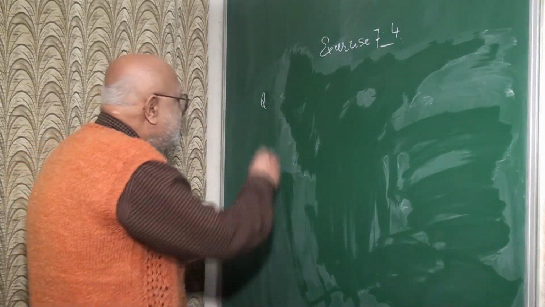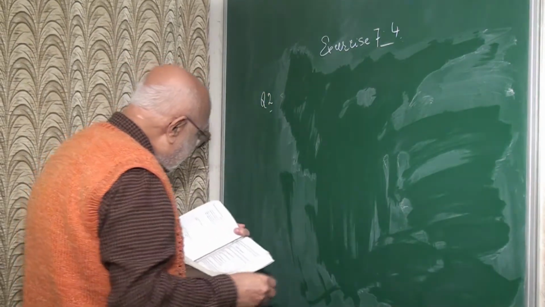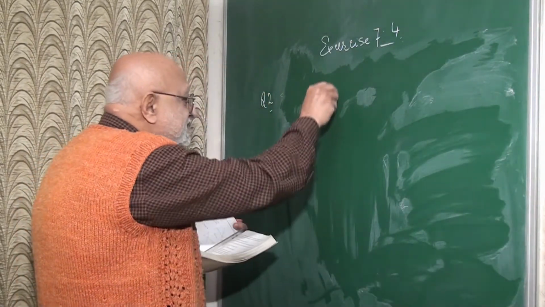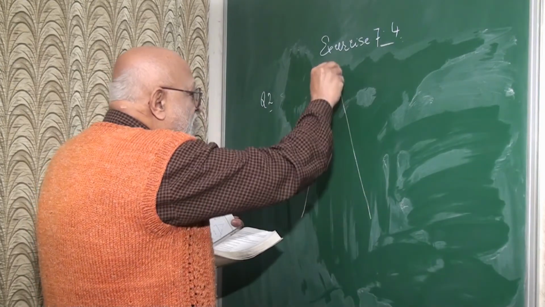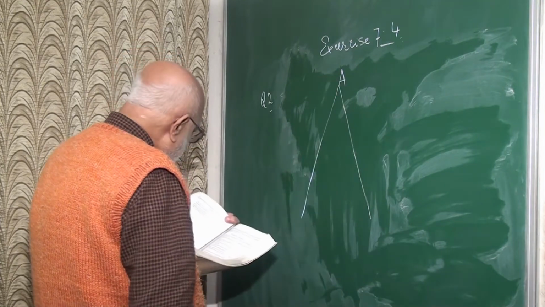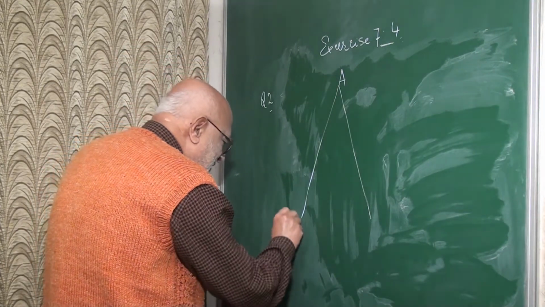We go to question number 2, and there's a figure given. It says sides AB and AC of this triangle are extended to P and Q respectively.